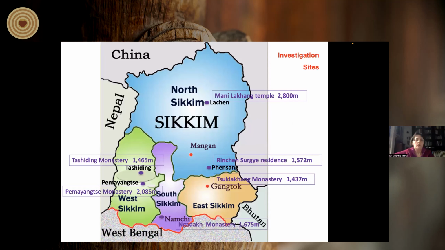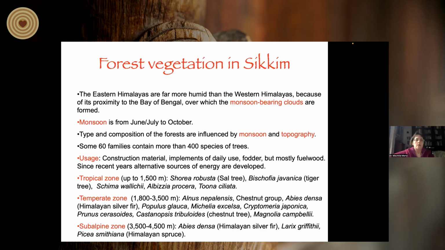Yeah, so in the eastern Himalaya there is a lot of rain, the monsoon, and it is from the Bay of Bengal that the rainy clouds are captured at the mountains, and there is monsoon rain from June, July to October.